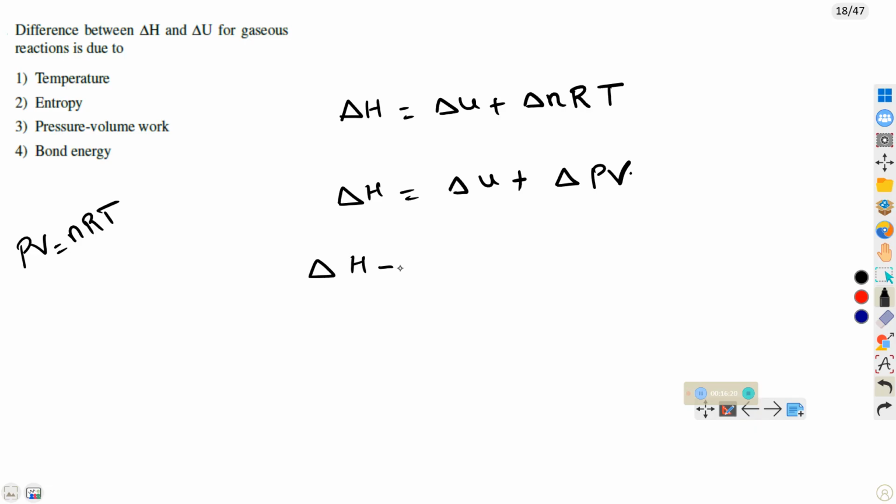Delta H minus delta U is equal to delta PV. So the difference is delta PV. We know that work is minus P external into delta V. So third option correct. Pressure volume work.